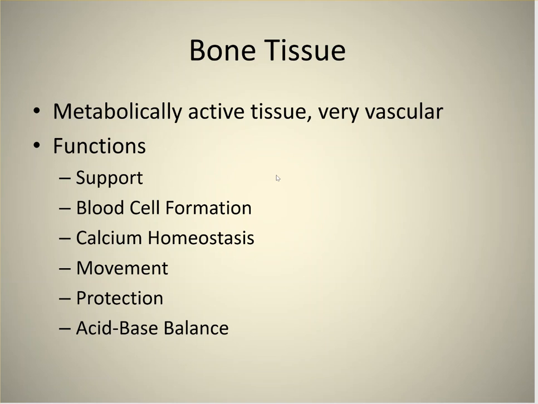And it provides protection. It protects your brain, for example. It protects your heart. And there's a little bit of acid-base balance there too, because bone is essentially acid calcium phosphate salts, and phosphates are a really serious intracellular buffer.